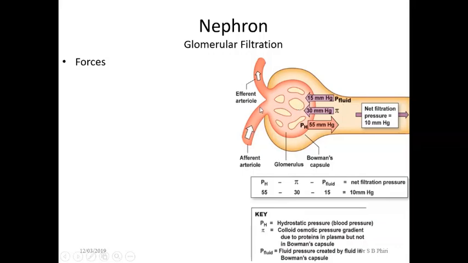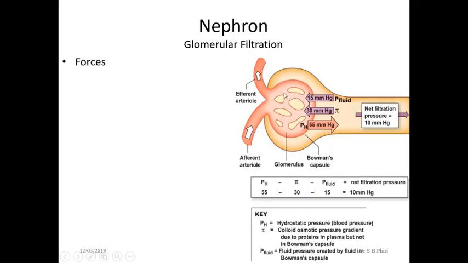When blood is brought in, the liquid part of blood is called plasma, and in plasma you have solutes dissolved. Because more blood is brought in than is leaving, there is a buildup of fluids within the glomerular capillaries.